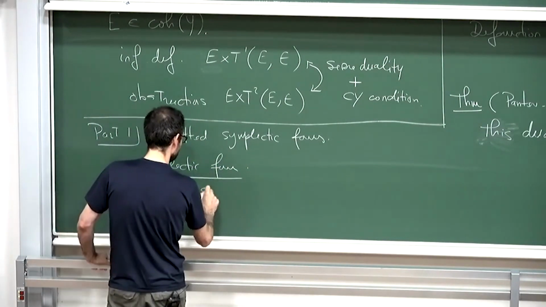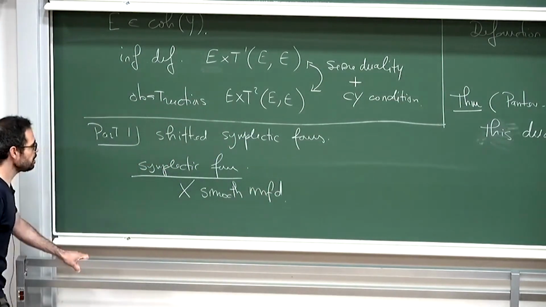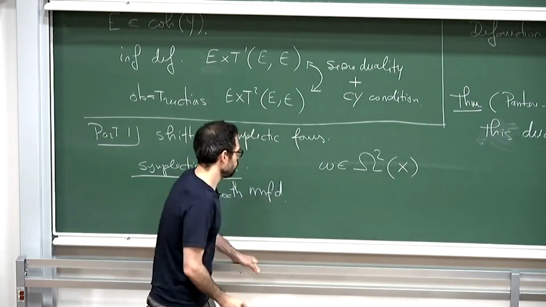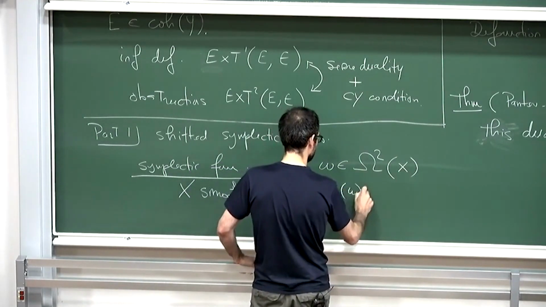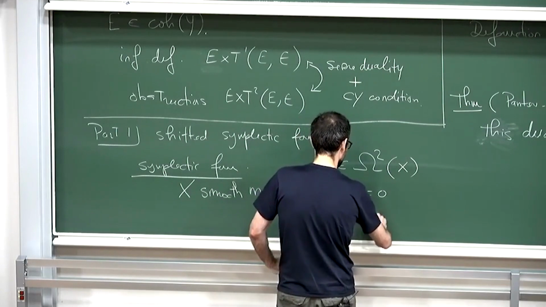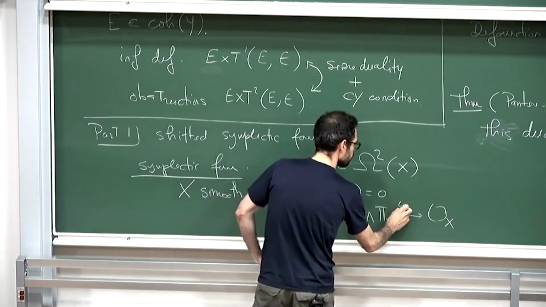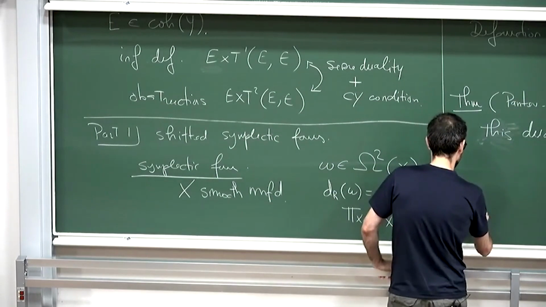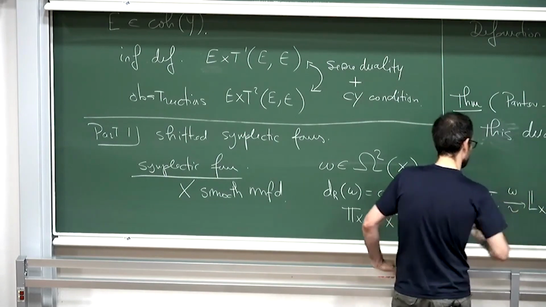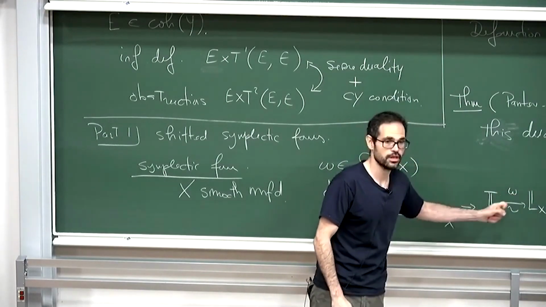So let's take X to be a smooth manifold. A symplectic form is just a 2-form which is closed for the de Rham differential, and such that it is non-degenerate, in the sense that a symplectic form gives me a pairing on the tangent bundle, and I need to ask that this pairing is non-degenerate, which means that the bilinear form, if I take a vector and think of the form associated with this vector, gives me an isomorphism between the tangent and the cotangent spaces.